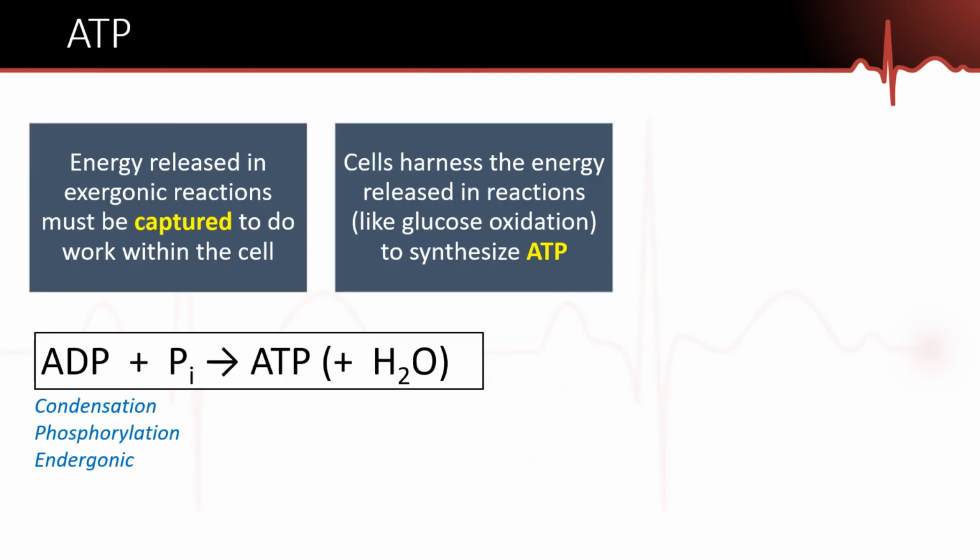The next thing that cells are constantly then having to do is resynthesize ATP, right? If a cell is consuming ATP, then it needs to resynthesize that ATP so it has more of it. If a cell runs out of ATP, we know that the cell will die because, as you'll see, you actually need ATP to make ATP. So cells can't run out of ATP.